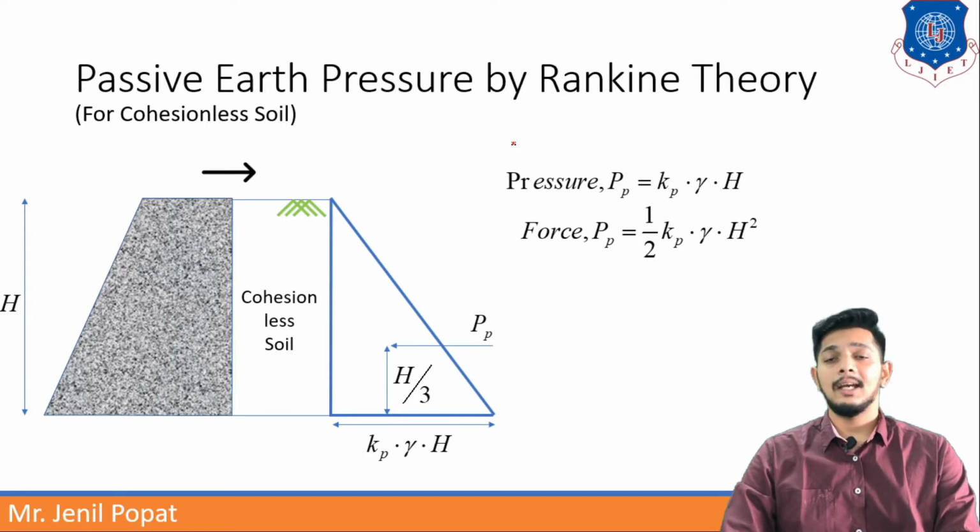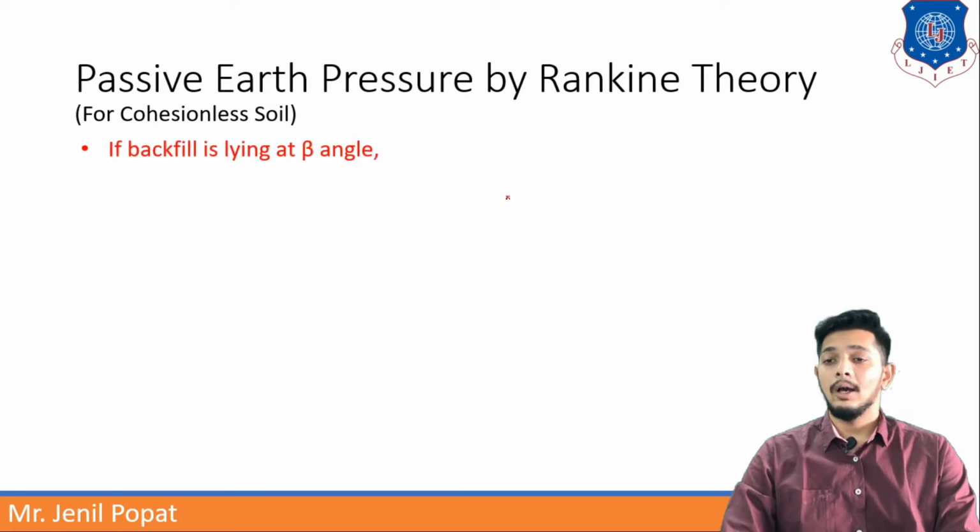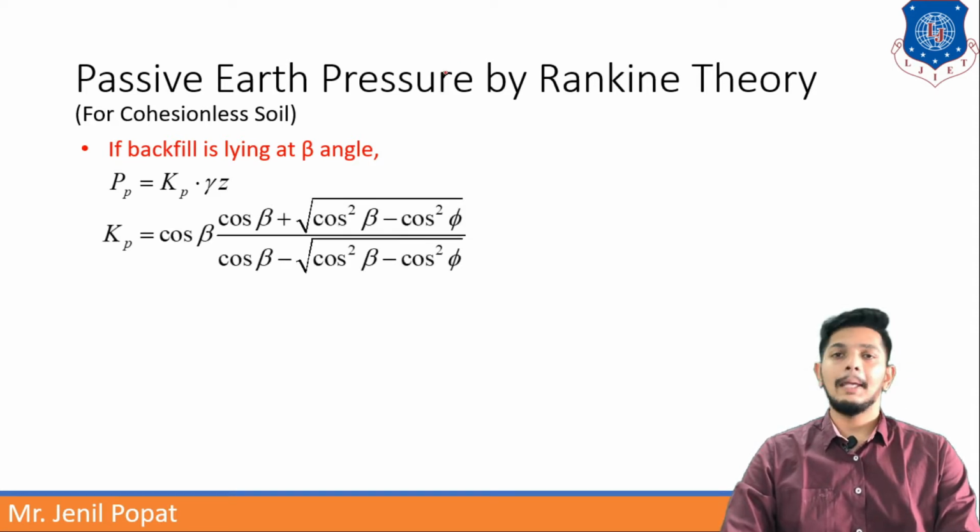So this is the basic idea of passive earth pressure. It is similar to active earth pressure. Let us move forward. It will act at h by 3 height. Now, if the case is with backfill at beta angle, then Pp will be Kp into gamma Z only, but the Kp value will be governed by this.